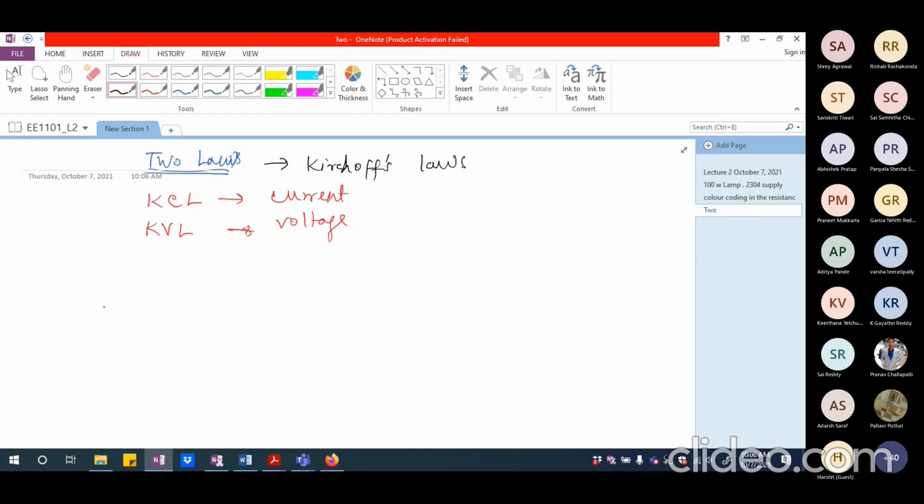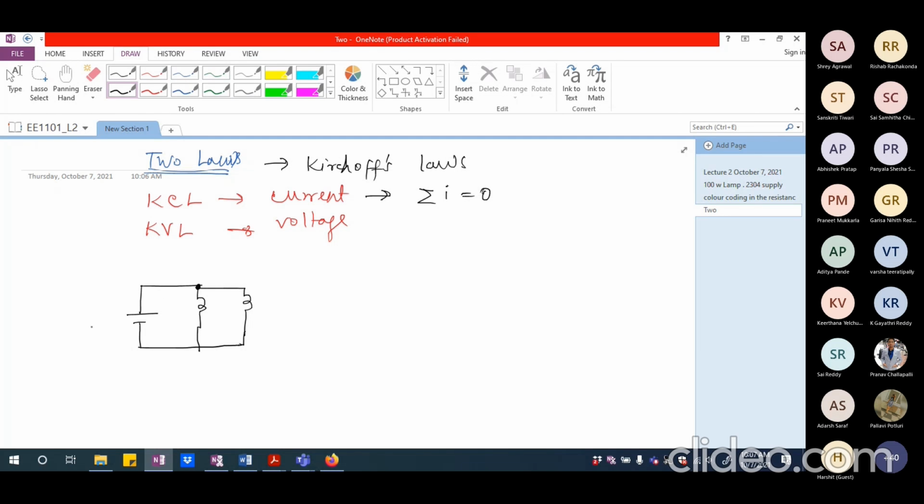The statement of Kirchhoff's current law says that at any junction point, the sum of the currents is 0. If I look at any junction point, the sum of the currents has to be 0. For example, in a simple circuit, let us say I have one lamp connected here, another lamp connected here, which is connected to a battery. So this is the junction point I am talking about.